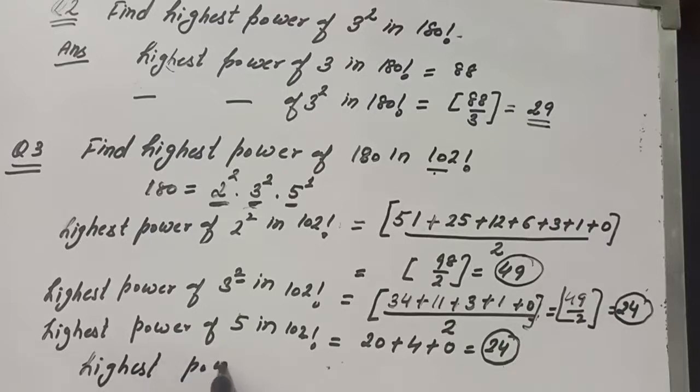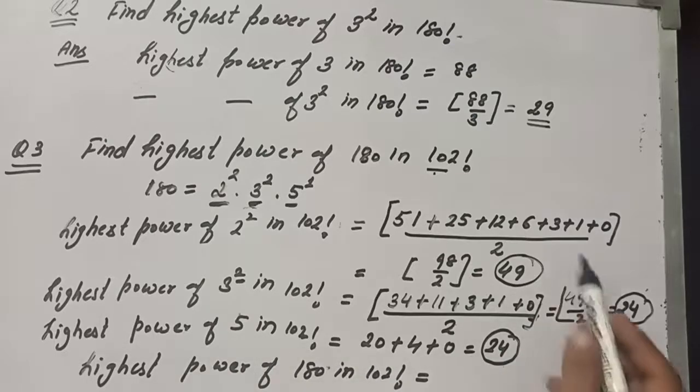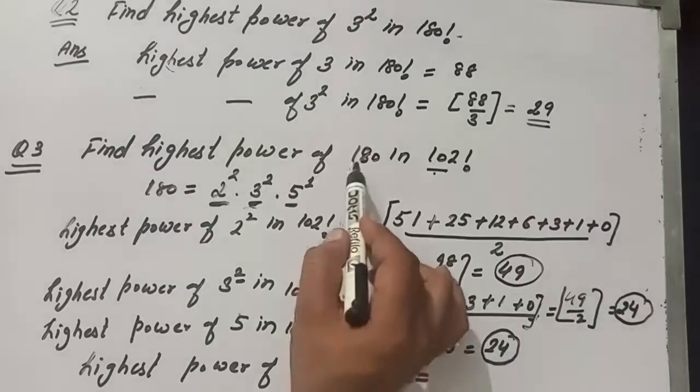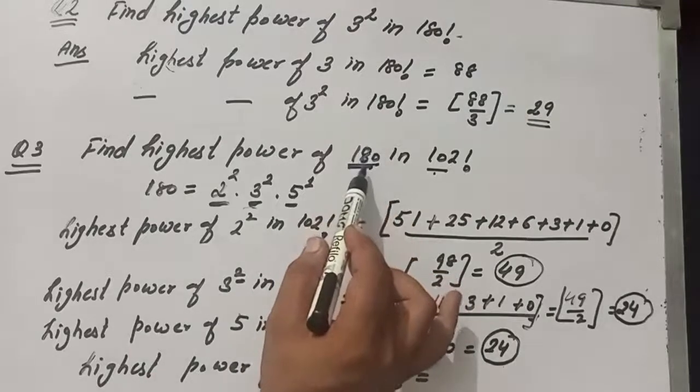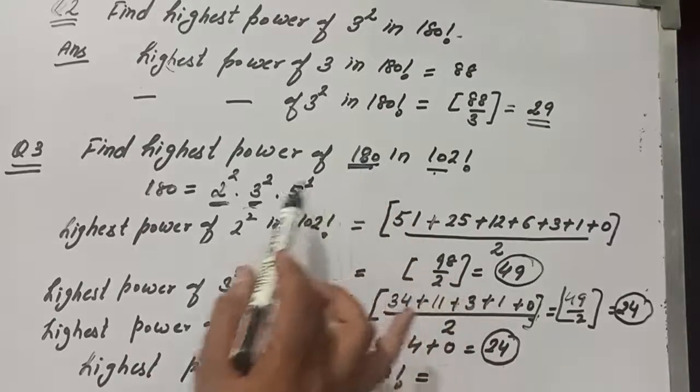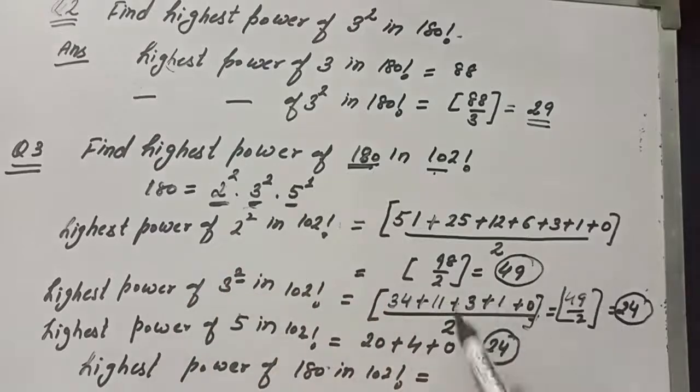So to calculate the highest power of 180 in 102 factorial, take the minimum of all these, because we have to calculate the power of 180. So minimum of 49, 24, 24, that is 24.